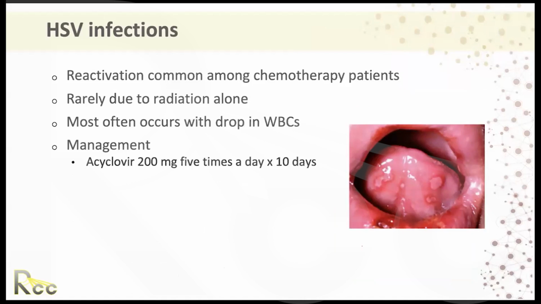This is something I see in combined modality therapy patients getting chemotherapy and radiation, and this often is timed right as their counts are going down, as they're becoming neutropenic. So if you see a concomitant HSV infection, starting them on antiviral therapy, whether that's acyclovir or valacyclovir, becomes important in managing HSV stomatitis.